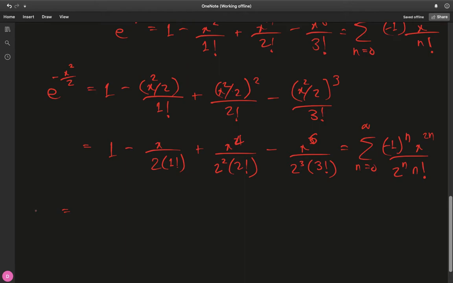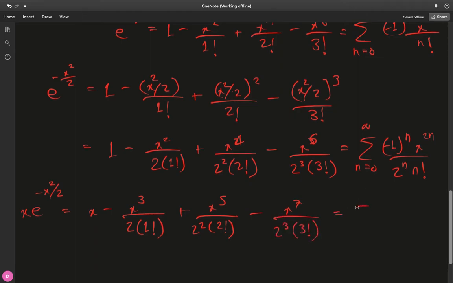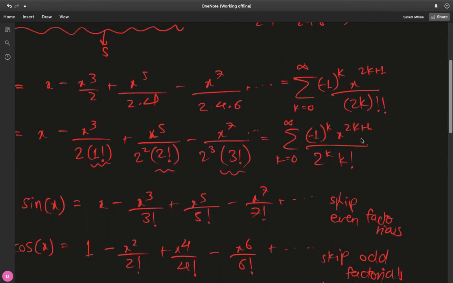Now to rectify this, why don't we multiply by x on both sides? So x times e to the minus x squared over 2 will be x minus, this is x squared, my bad, x squared times x is x cubed over 2 times 1 factorial, plus x to the 5th over 2 squared times 2 factorial, minus x to the 7th over 2 cubed times 3 factorial, and that has a general representation of sum from n equals 0 to infinity of minus 1 to the n times x to the 2n plus 1 divided by 2 to the n times n factorial, and that's precisely this.